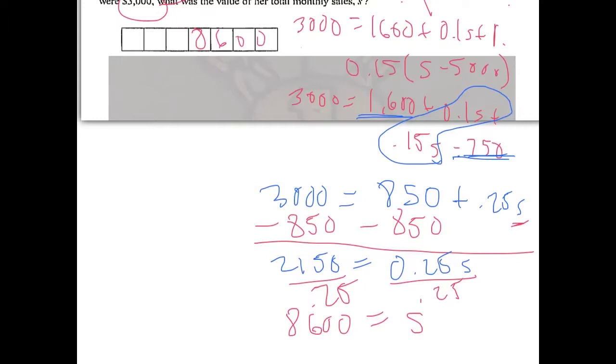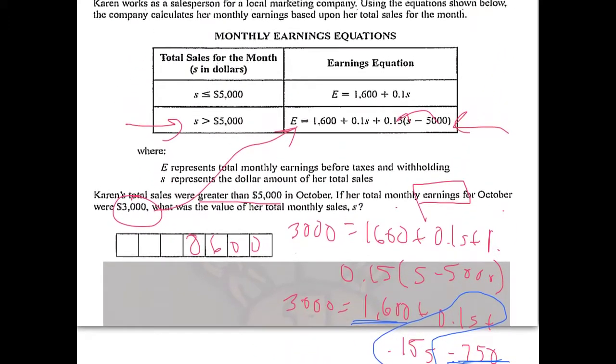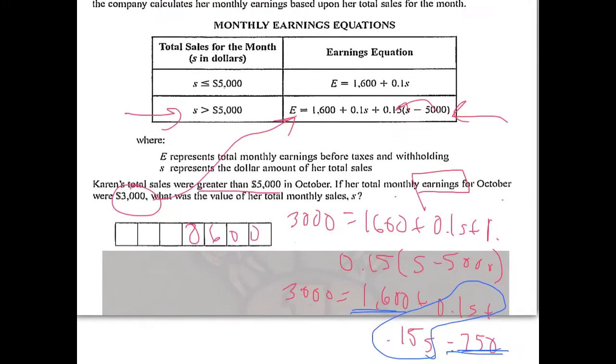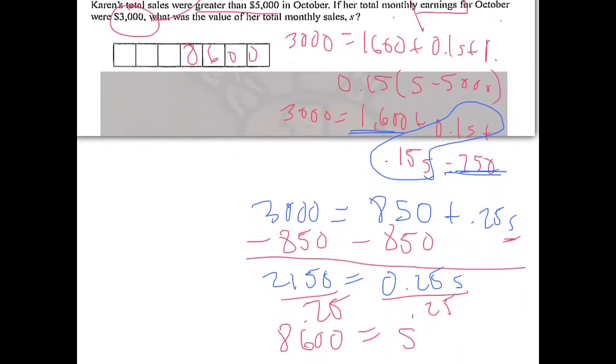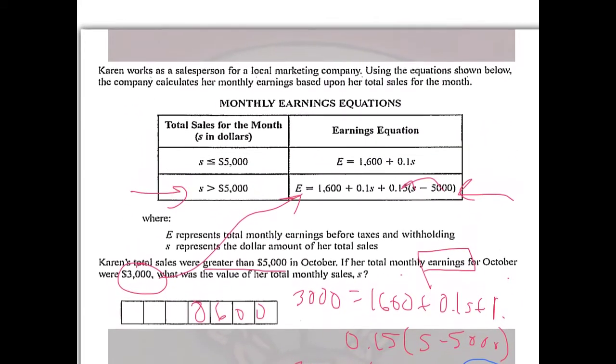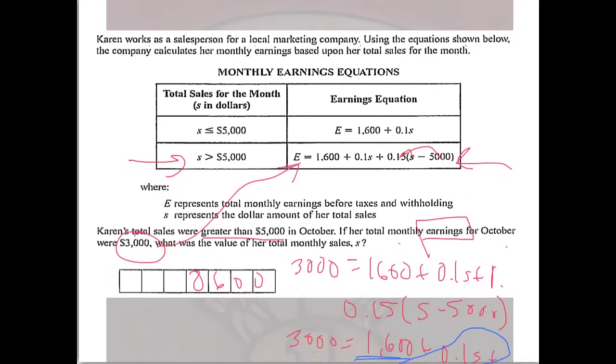Go back, let me pull back the question, check it out again. If you need to see the work, solving for variables, hit pause. So you might have problems like this. It's about reading, trying to figure it out, but basically we're just solving equations.